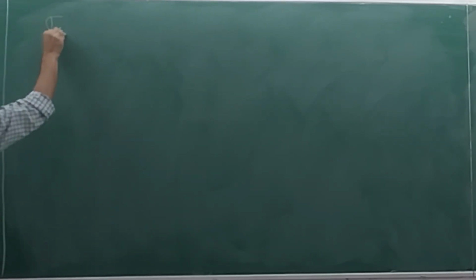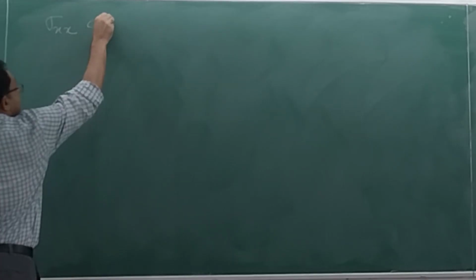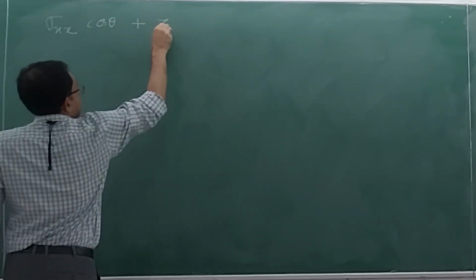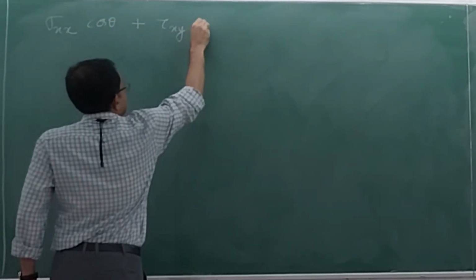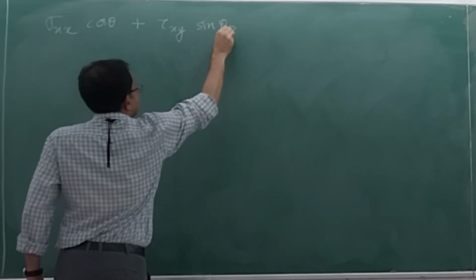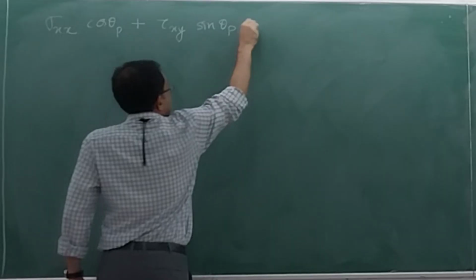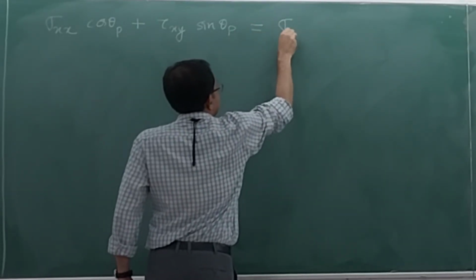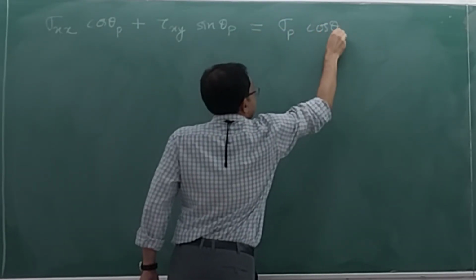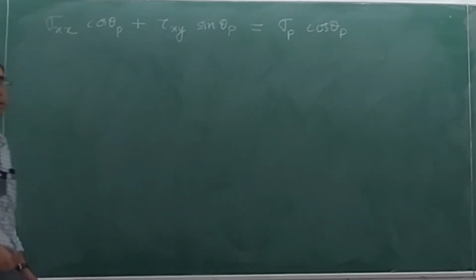So the equations that we had earlier were this: sigma xx cos theta p plus tau xy sin theta p is equal to sigma p cos theta p. Whatever the matrix equation I had, I am just extracting the equations out of it, the linear simultaneous equations.